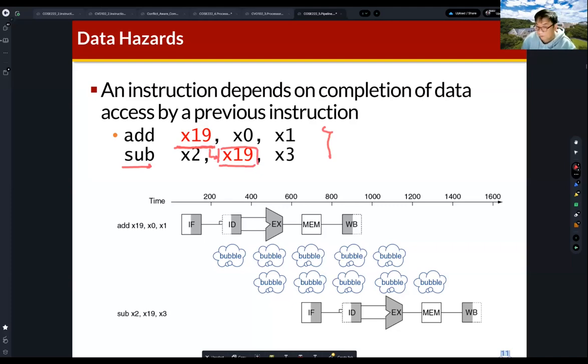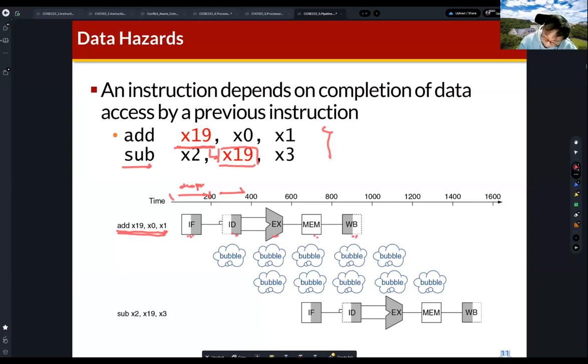Then what's the problem? This is the execution of the add instruction in the pipeline processor. For the first 200 picoseconds, it is in the instruction fetch stage, and the next 200 picoseconds, it is in the ID stage, then execution, memory, and write back.